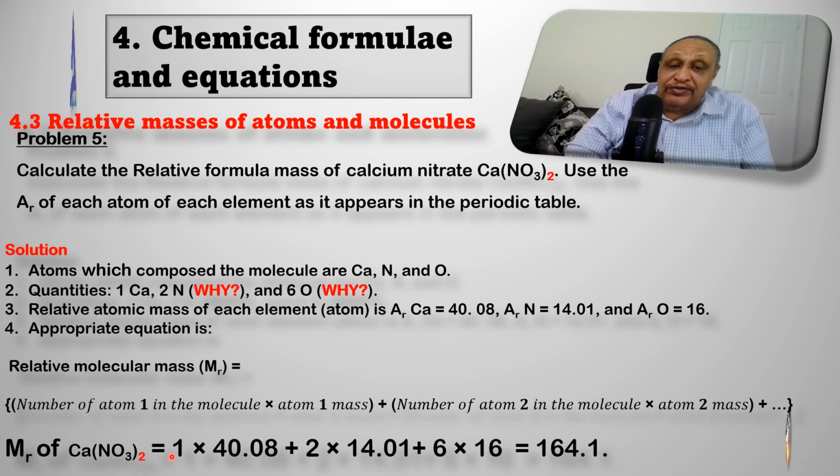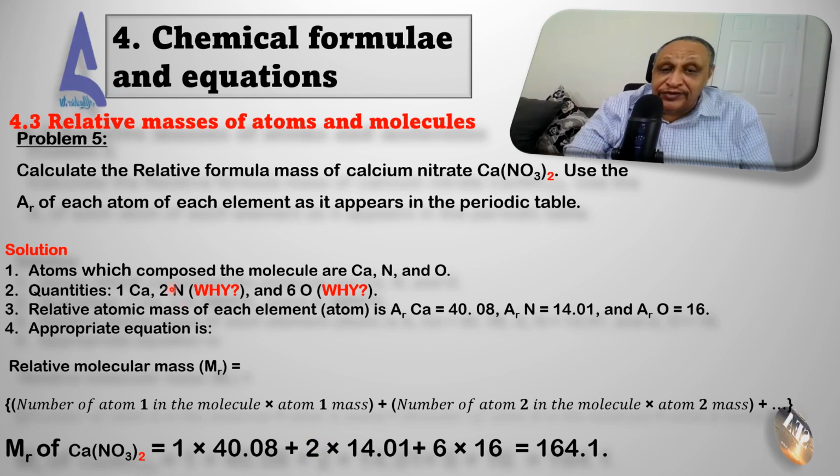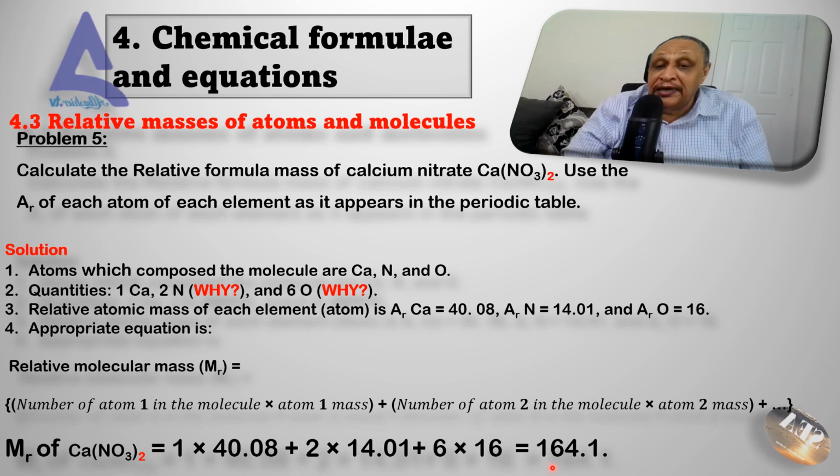When we do that, it is 1 for the calcium atom multiplied by 40, which is its mass, 2 for the nitrogen multiplied by its mass, 6 for the oxygen multiplied by its mass. And when you do this, it's going to be 164.